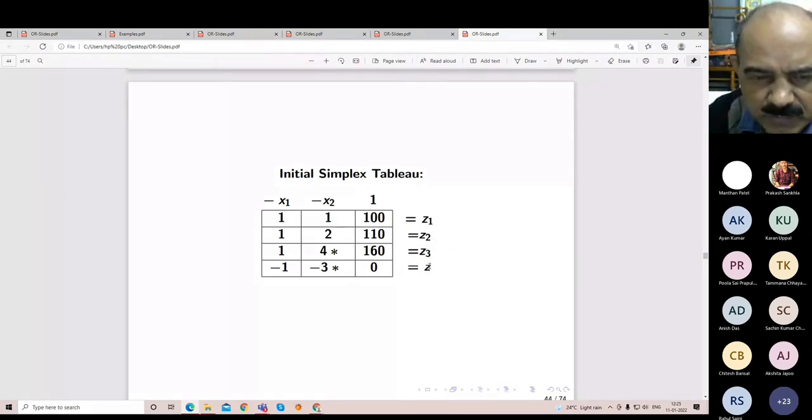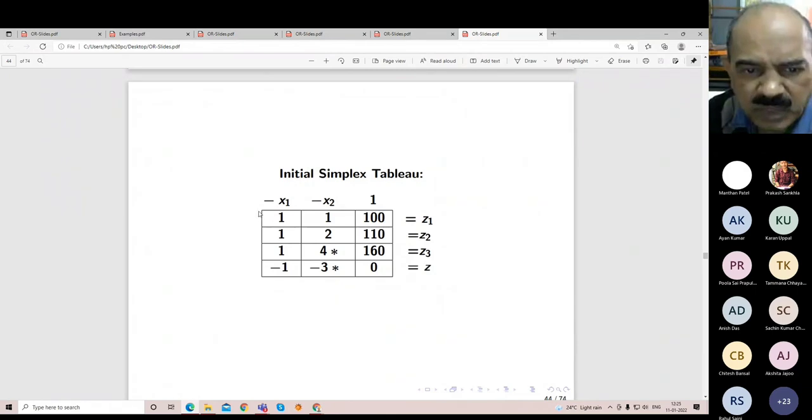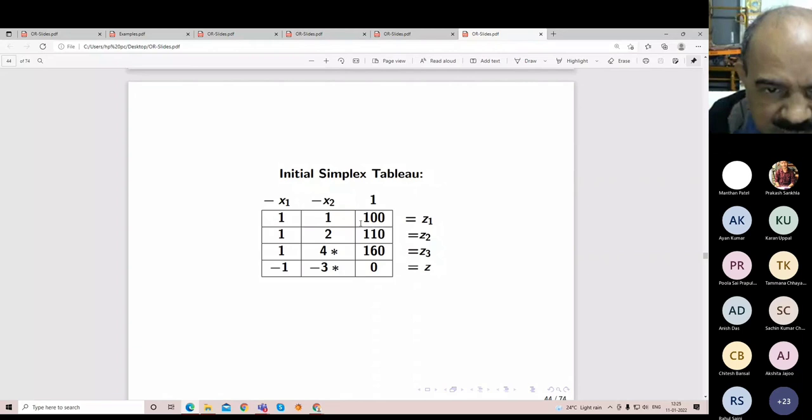If you find in a table the x1 column, x2 column, z1 column, z2 column and z3 column, you will find 2 plus 3, 5, plus 1, 6 columns. That table we can name as extended simplex table. And this table, since the basic variable columns are not there, we will name as condensed, reduced simplex table.